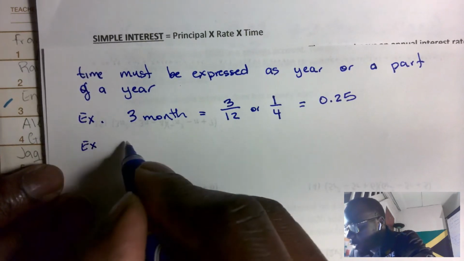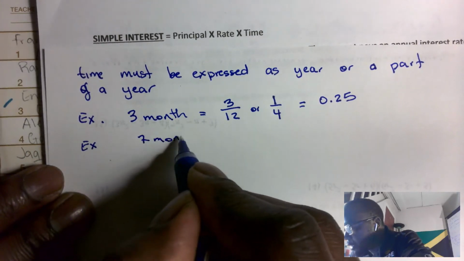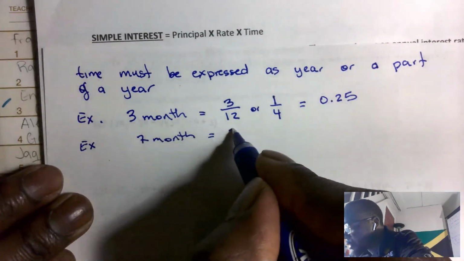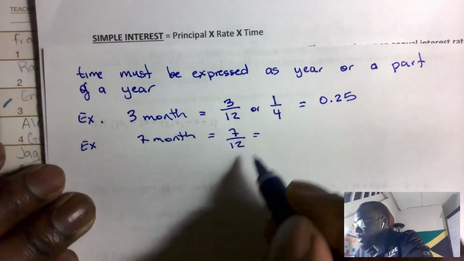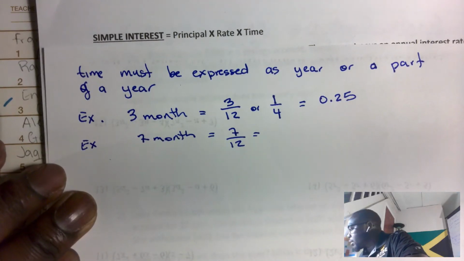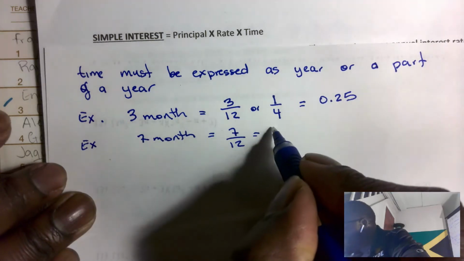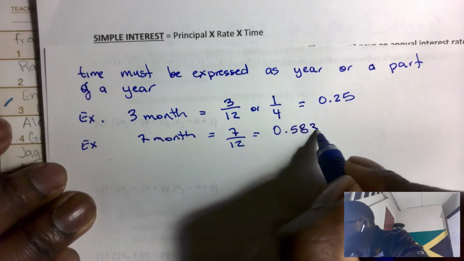All right, so let's look at another example. If I say 7 months, I know that 7 months is 7 over 12. Since I can't simplify this, I'm going to have to express this as a decimal. So 7 divided by 12 is going to give me 0.583.